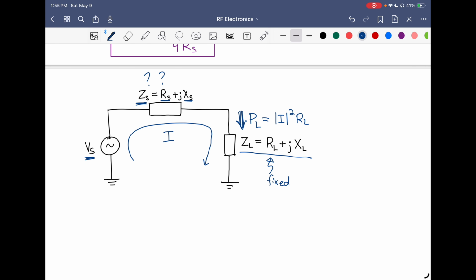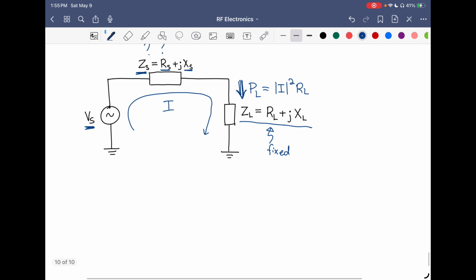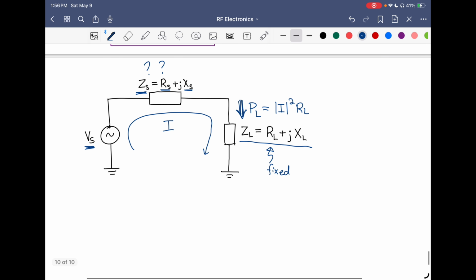So in this case, since we're free to choose the source impedance now, the best choice is to choose the source resistance equals 0 and the source reactance equals the negative of the load reactance.